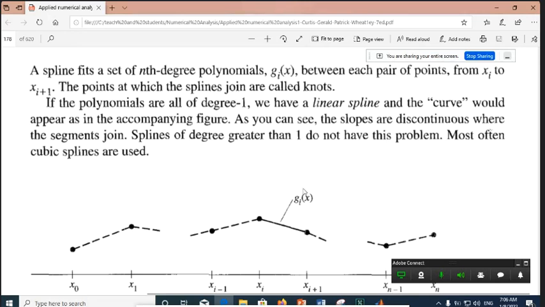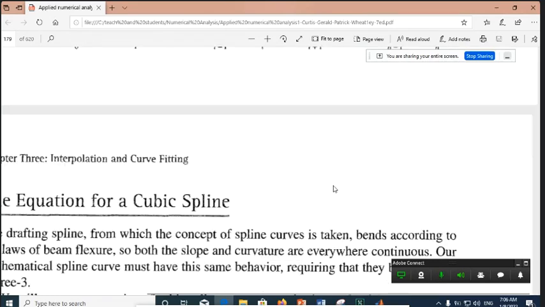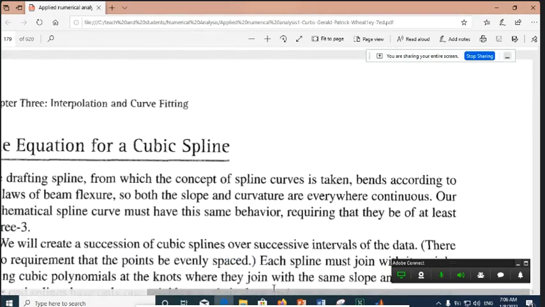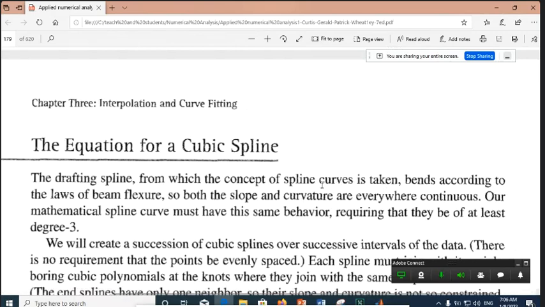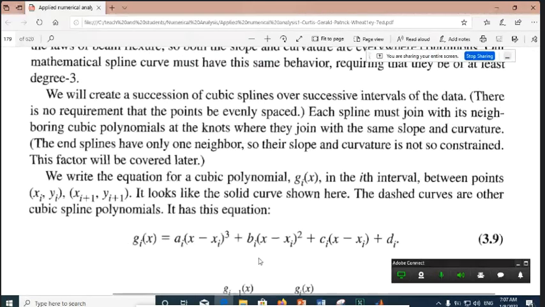Most often, cubic splines, or splines of degree 3, are used, and in this book we concentrate our focus on cubic splines.